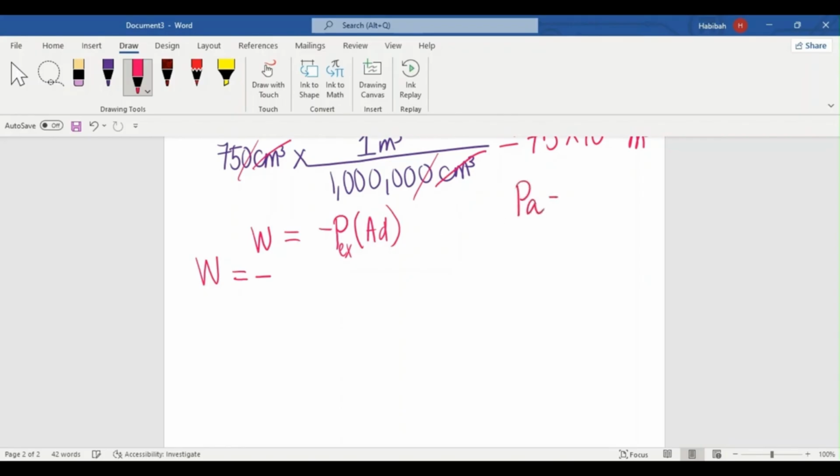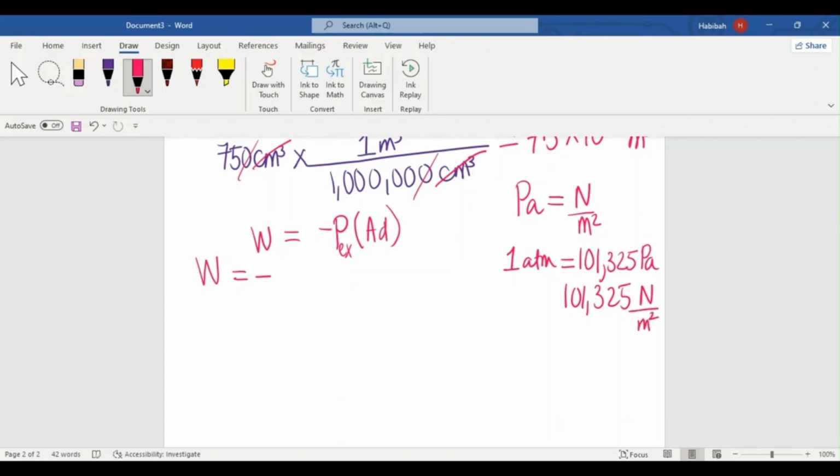Remember, the unit for Pascal is simply Newton per meter squared. Since we're given the pressure in atmosphere, remember that 1 atmosphere is the same thing as 101,325 Pascal, or 101,325 Newton per meter squared.